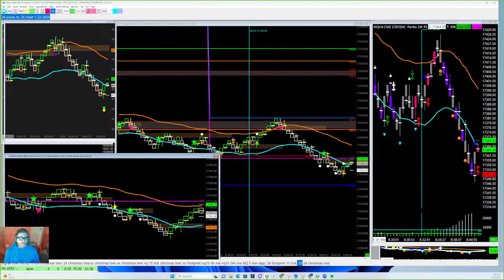There's the econ. They can't print that 6950, they're toast. And we're going to take out that Globex low, which makes sense.